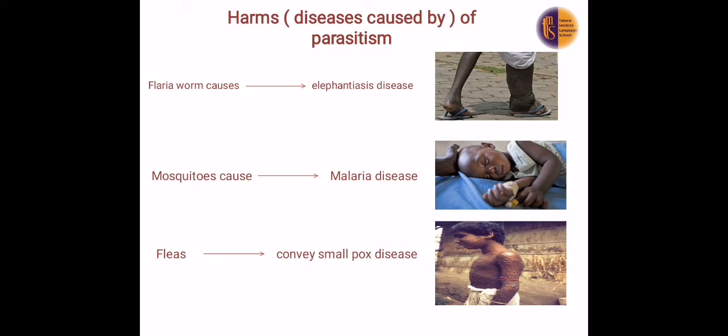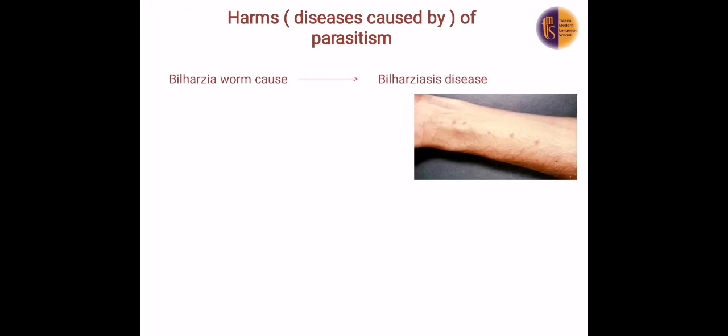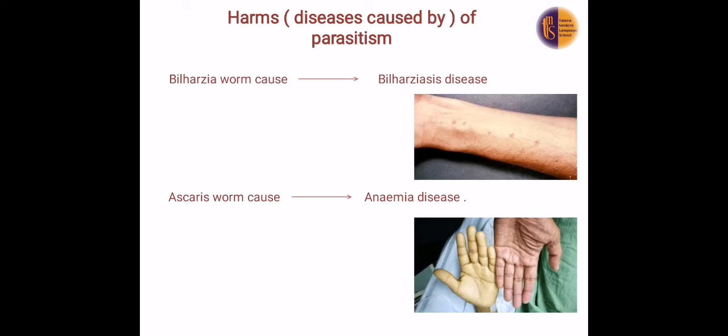So again, the filaria worm causes elephantiasis disease. Mosquitoes cause malaria disease. Fleas convey smallpox disease. Also, the bilharzia worm causes bilharzia disease, and the ascaris worm also causes anemia.